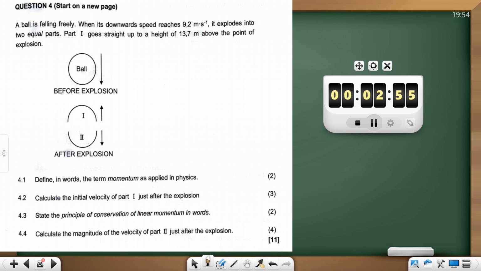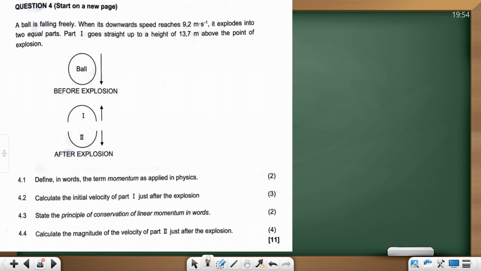Maybe we extend for 15, just to look at Newton's laws. All right, let me see if I can use 5 minutes to quickly answer this question.